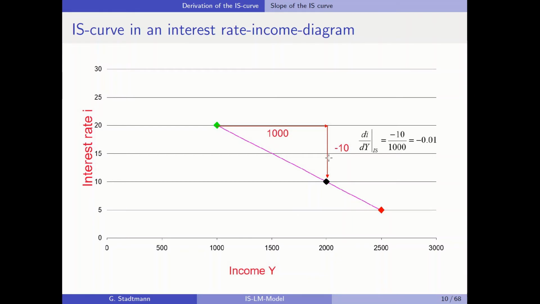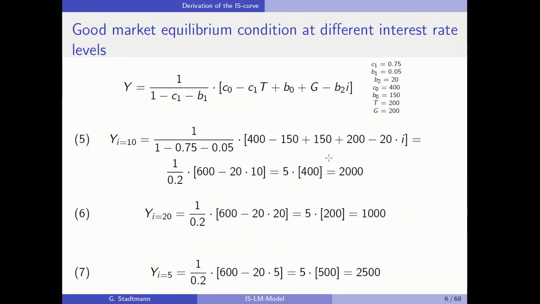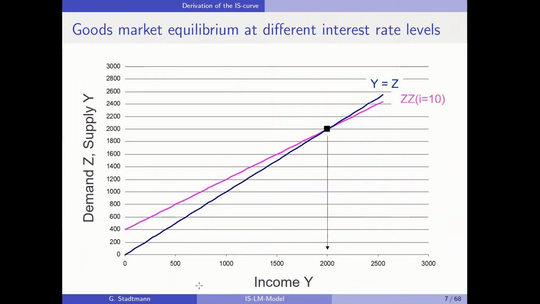Now I will go back to the other slides. So you are informed already why we are looking at these different scenarios. On slide number 6, we were using a numerical example to find these different combinations, but we can also use a graphical approach because we worked already with this diagram where we have the goods market equilibrium condition, the blue line, Y is equal to Z, supply is equal to demand, and we have one demand relationship in case the interest rate is equal to 10.